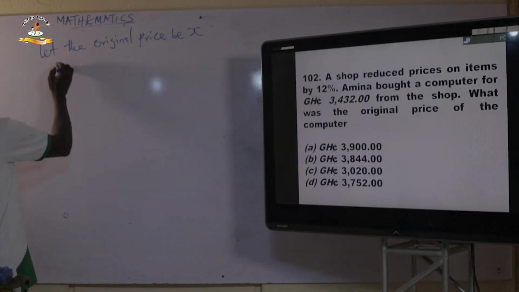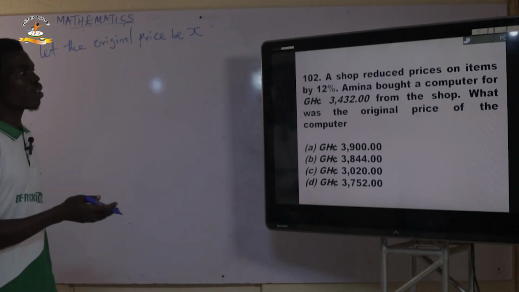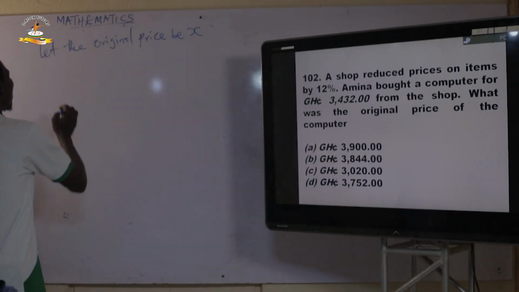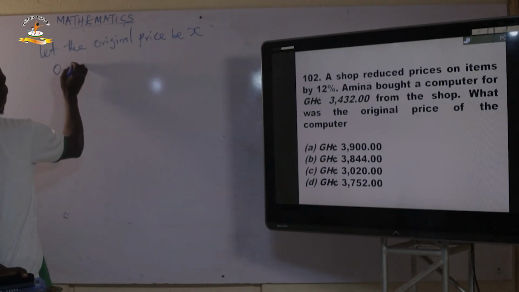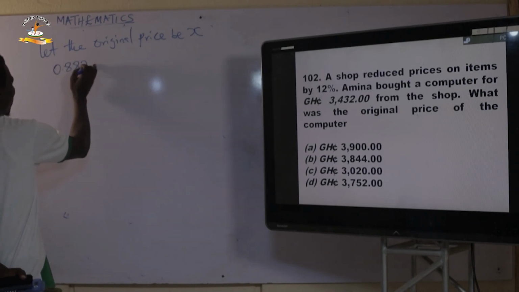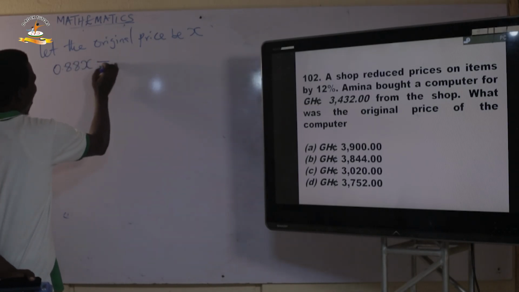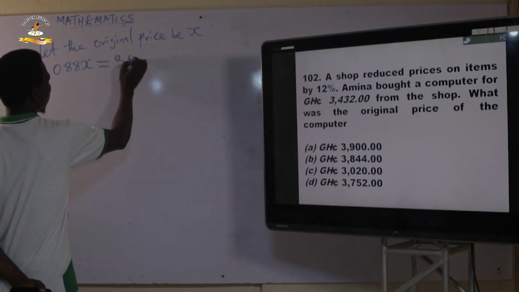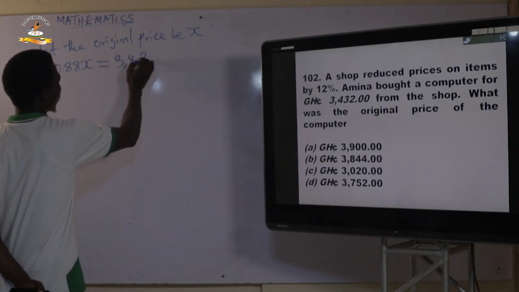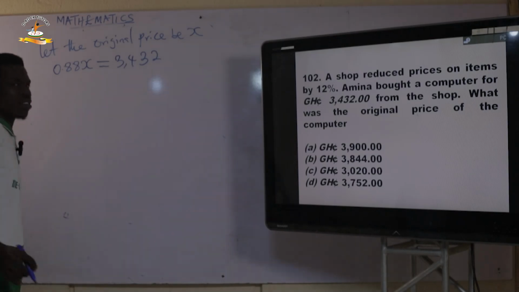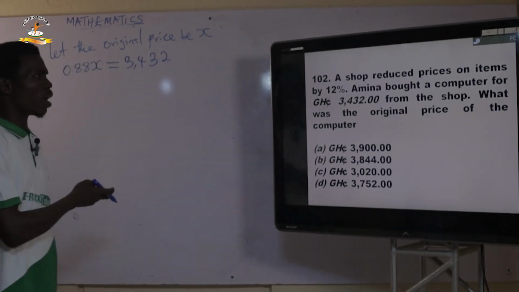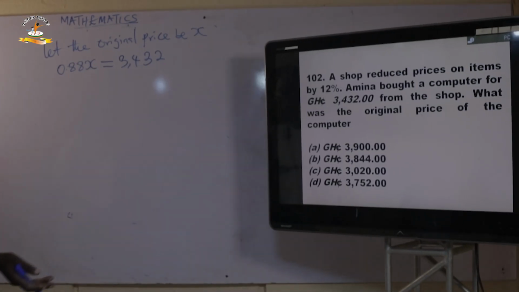Since Amina got it at 12% discount, we say 0.88 of X is what Amina got it for, and that was 3,432 Ghanaian cedis. And you might wonder, how do I get 0.88x?